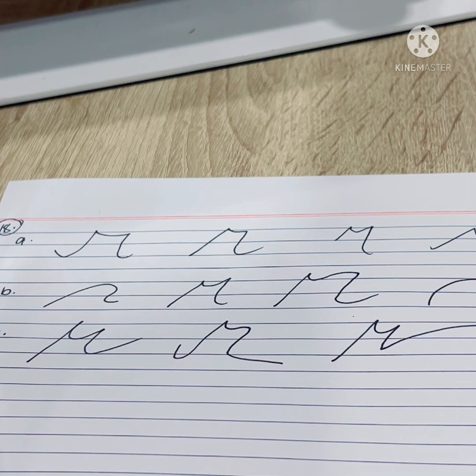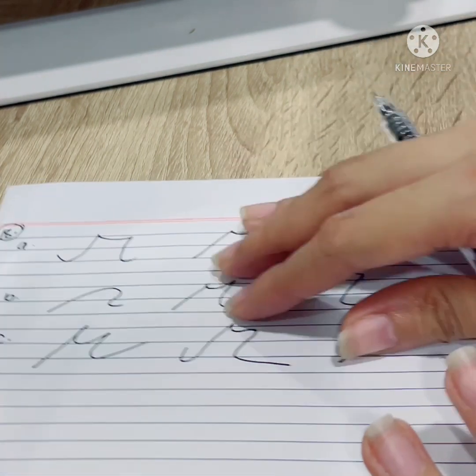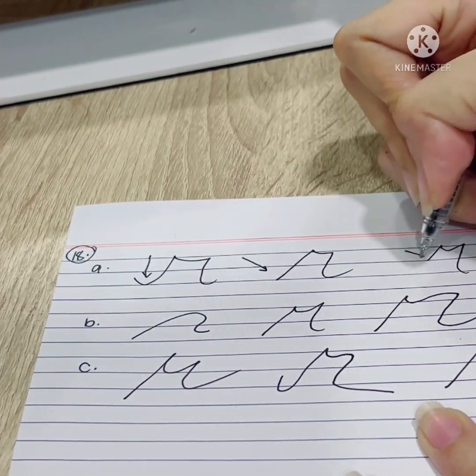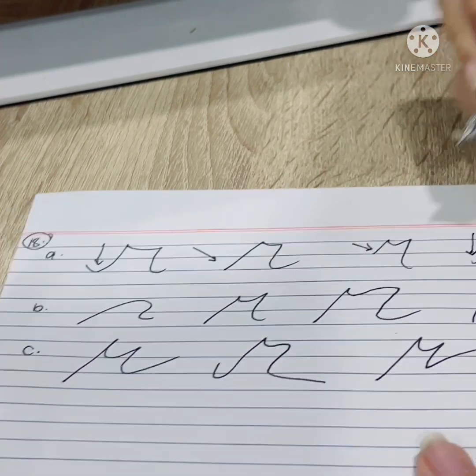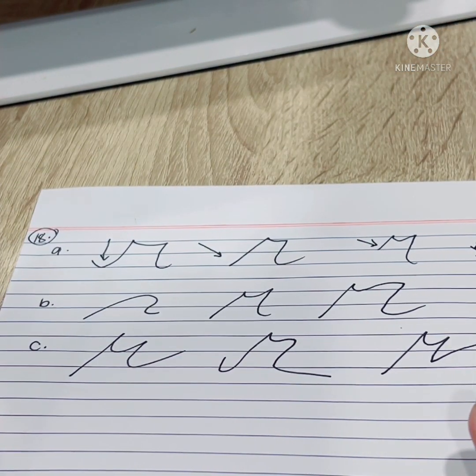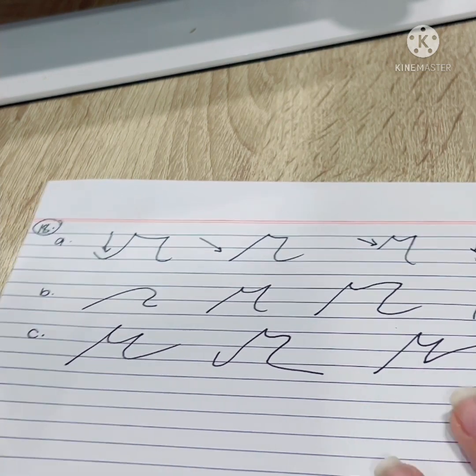A. Examine initial upstroke. If present, examine the usual way. B. Examine the formation, height of the hump.